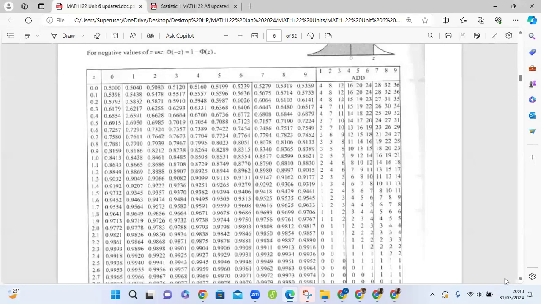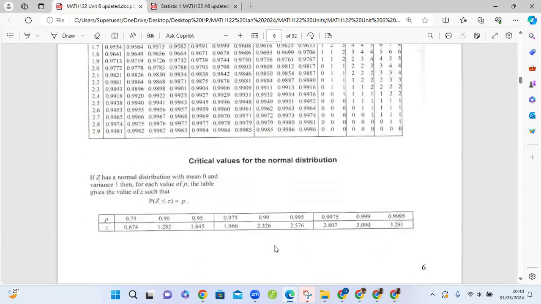And by the way, there is a little subtable below that facilitates obtaining z using p. It gives you the corresponding z for the p. If you have a p of 0.75, you get a z of 0.674. If you have a p of 0.975, you get a z of 1.96.